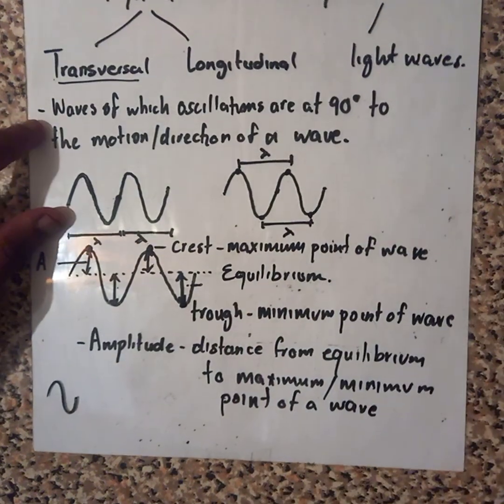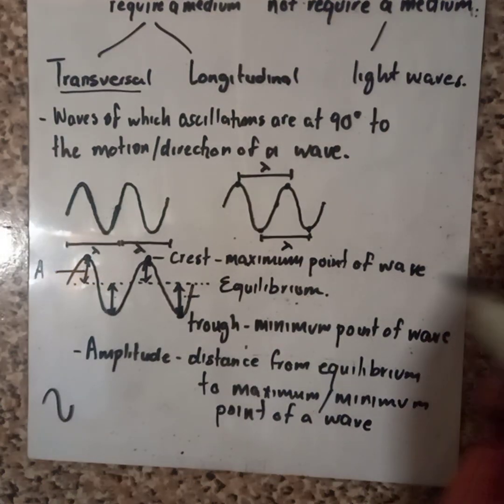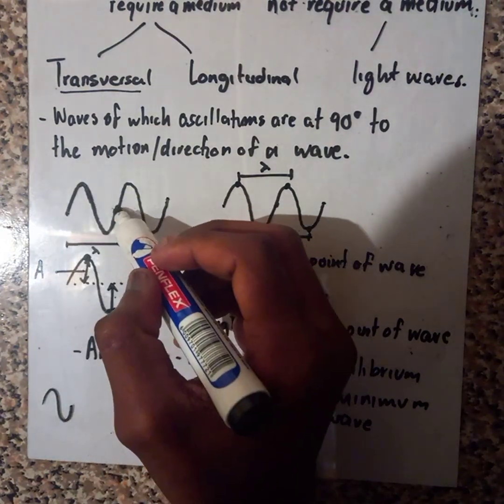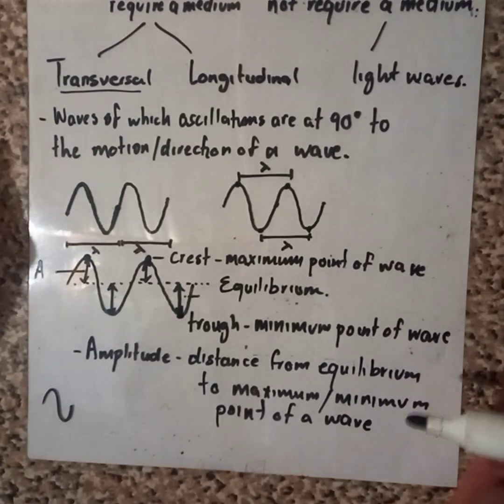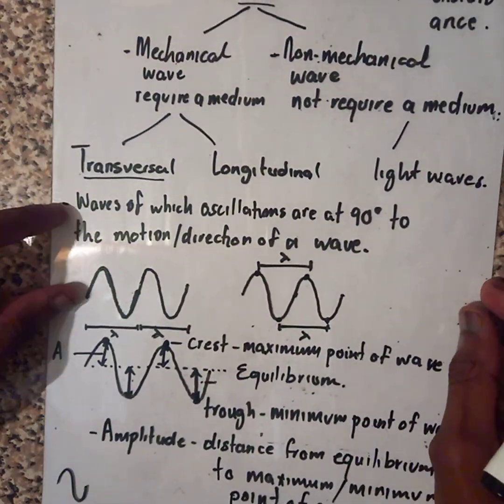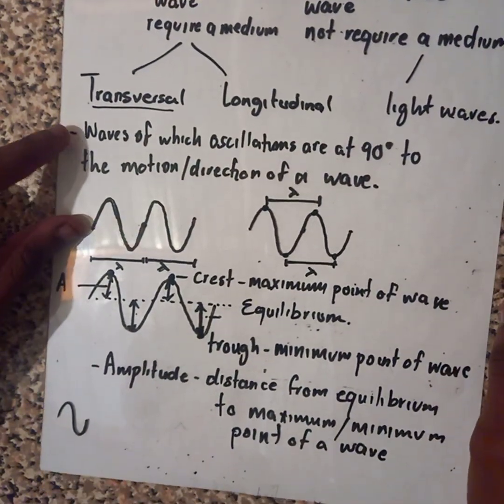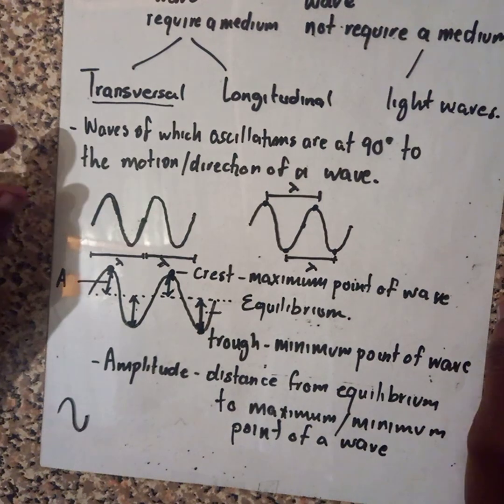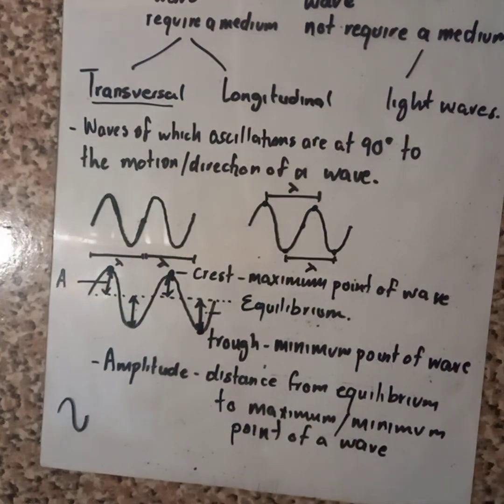This is our wavelength. At the end of the day, we have two full wavelengths. This was just a little summary of transversal waves. It's so simple.